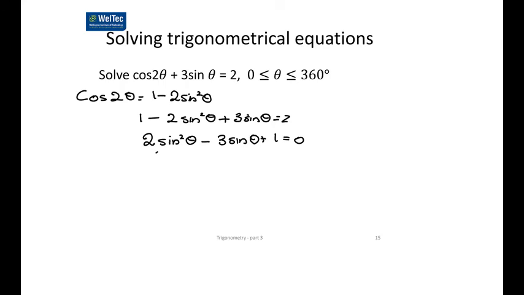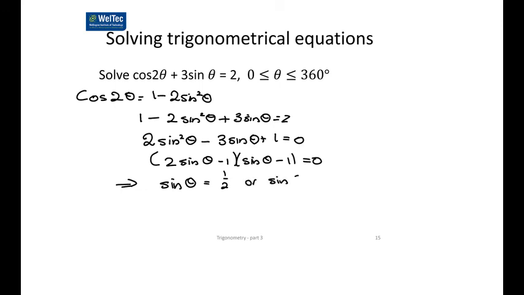So we can factorize to 2 sine theta minus 1 times sine theta minus 1 equals 0. Then we can see that sine theta equals a half, or sine theta equals 1.